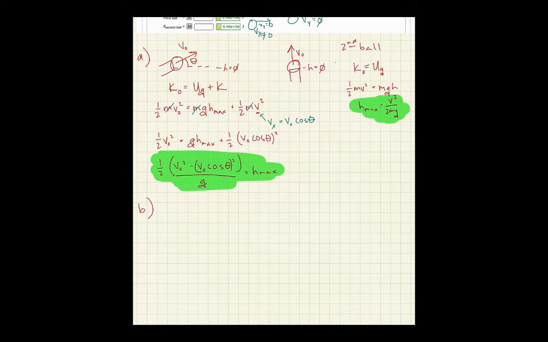The total energy at max height for ball one would be the gravitational potential energy at max height plus the kinetic energy at max height.